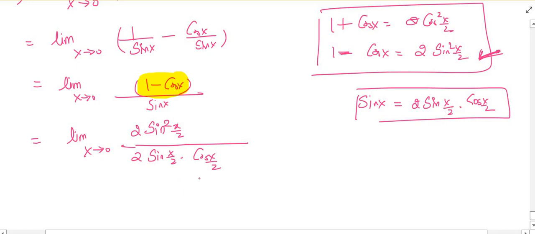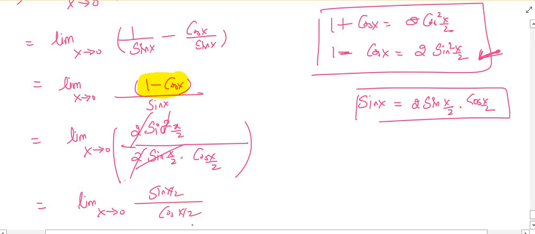What else? I think 2 and 2 cancel, and 1 power of sine will cancel. So I am getting limit x is going to 0 sin x by 2 by cos x by 2.